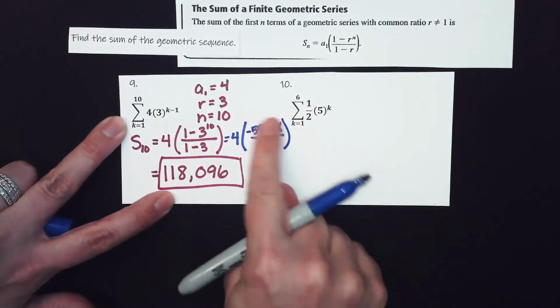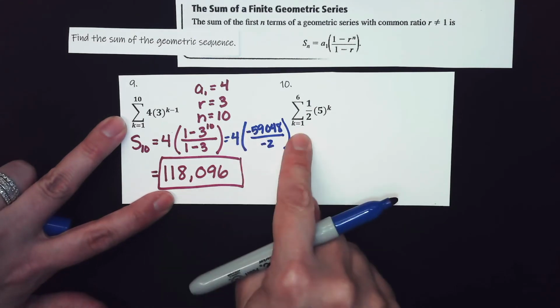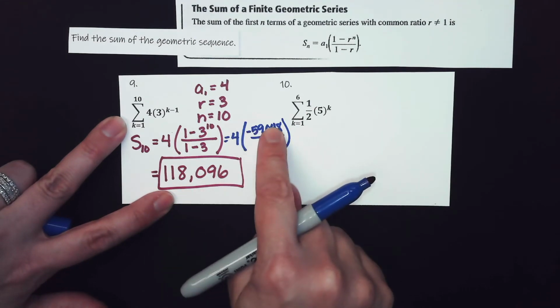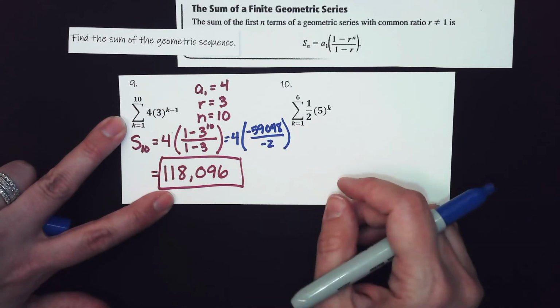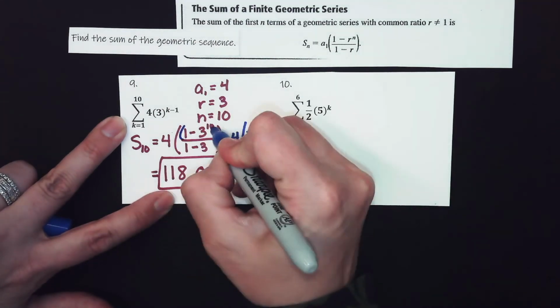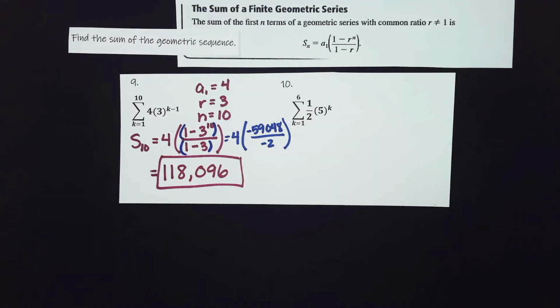This is a lot safer to put into the calculator. You wouldn't even need parentheses. You could just say 4 times negative 59,048 divided by negative 2. Okay? It's just when you have all of this stuff, it becomes a little tricky with those parentheses. So it's up to you how you want to do it.